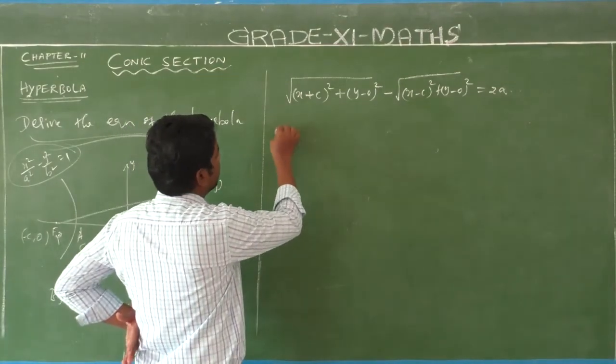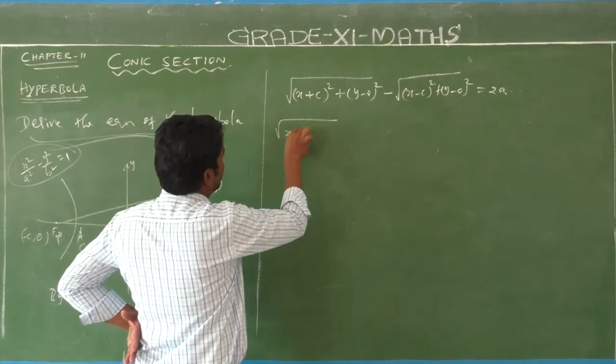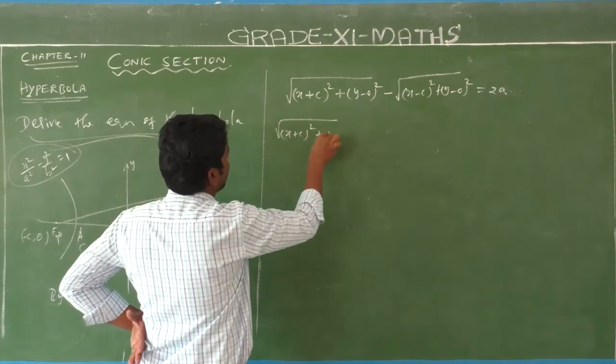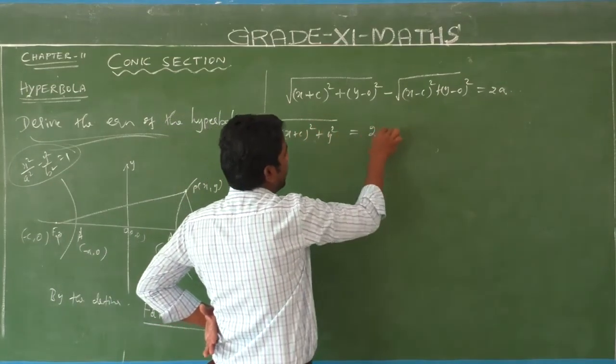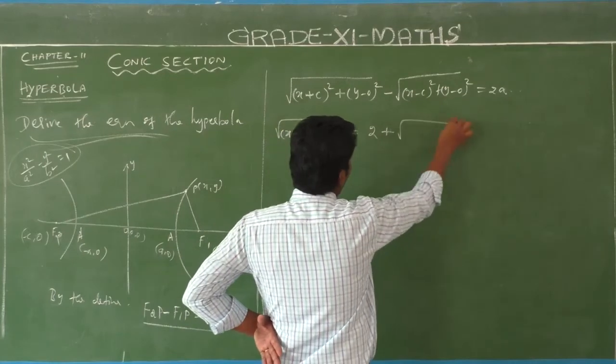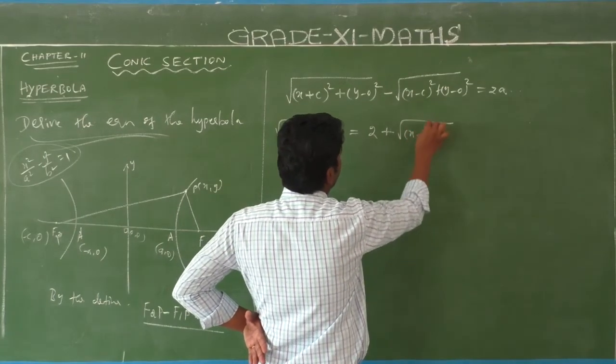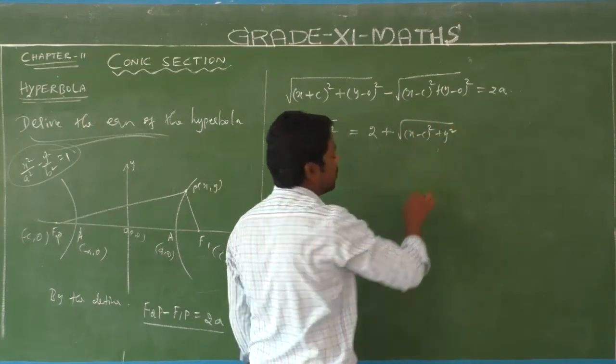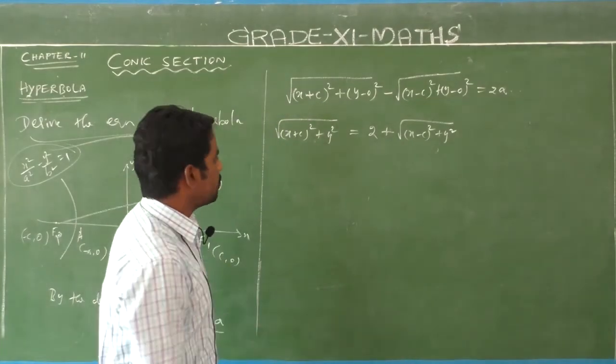So simplify this: root of x plus c the whole square plus y square equal to 2a plus root of x minus c the whole square plus y square.